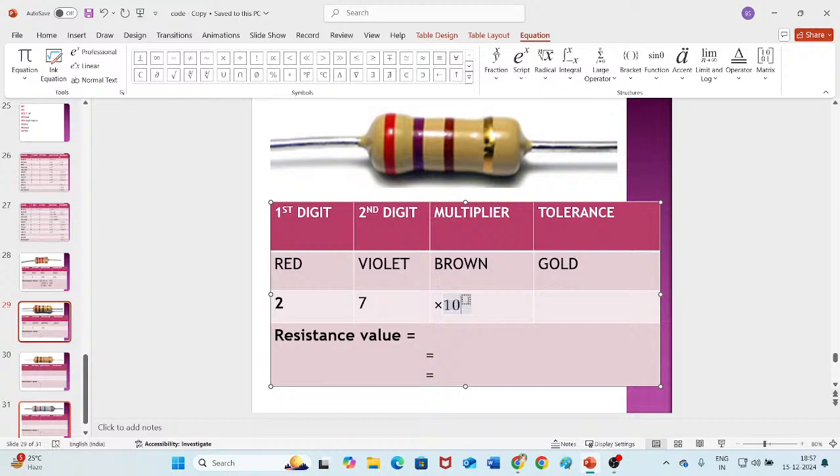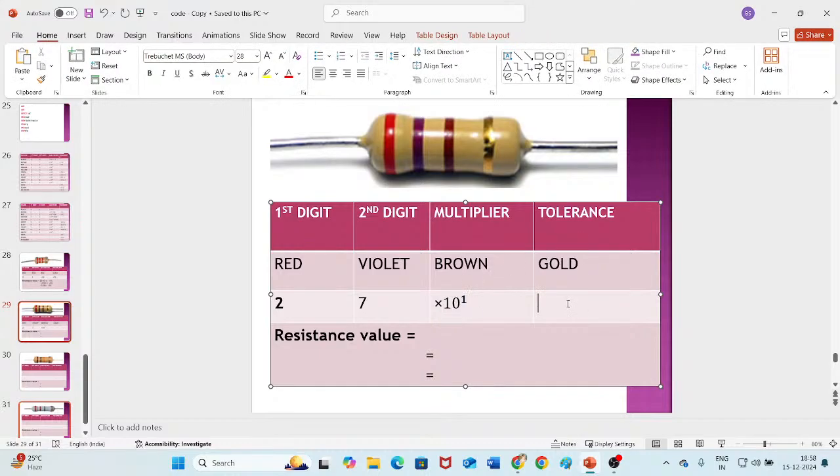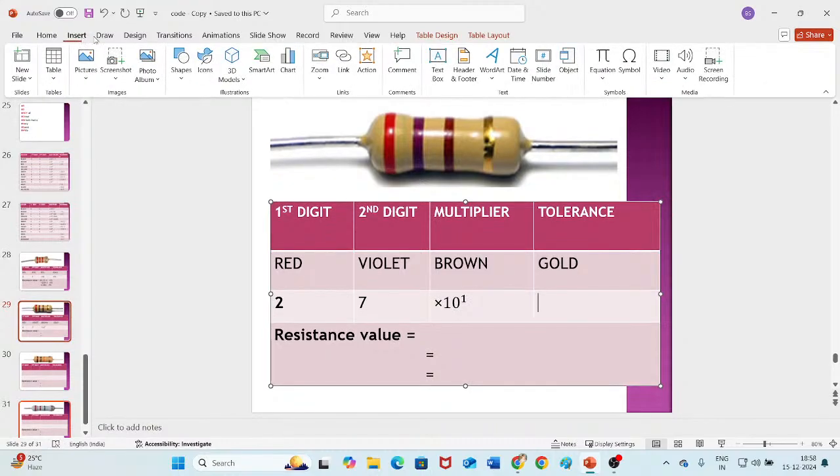What will you write? Brown, what is the color? It is brown. So brown means 10 to the power of how much? 1. What is gold? Gold is plus or minus 5%.